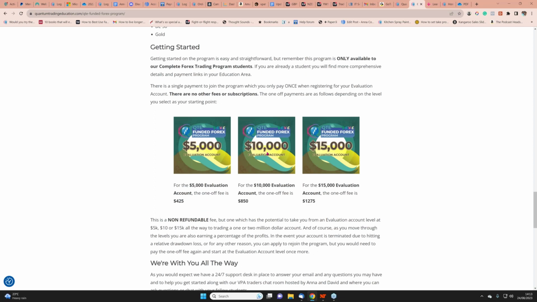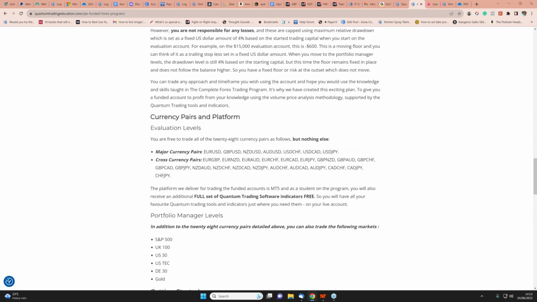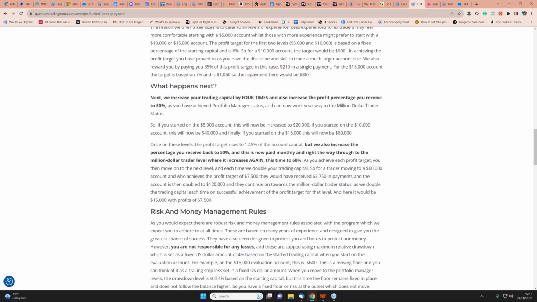You can start with $5,000, $10,000, or $15,000. The choice is yours. You pay this one-off entry fee. You can look at it as an entry fee or a ticket of entry, whatever you wish to call it. We then give you this money in return in a funded account, and you start trading. If you start at the 15,000 level, we set target levels to achieve.